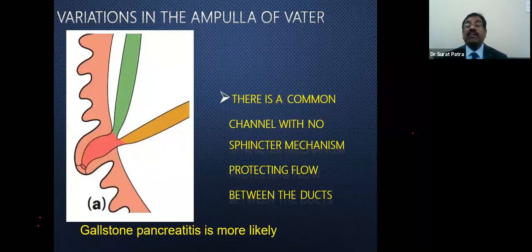Variations in the ampulla of Vater can also occur. Here there is a common channel with no sphincter mechanism protecting flow between the ducts. This sort of anomaly is prone to gallstone pancreatitis.